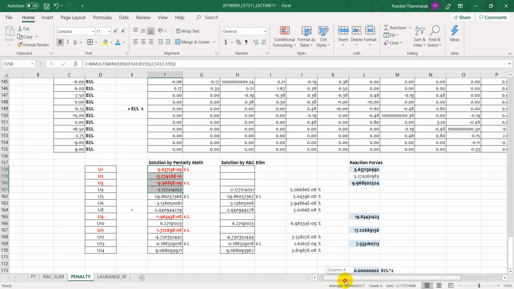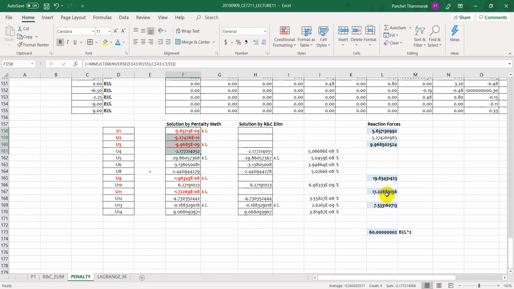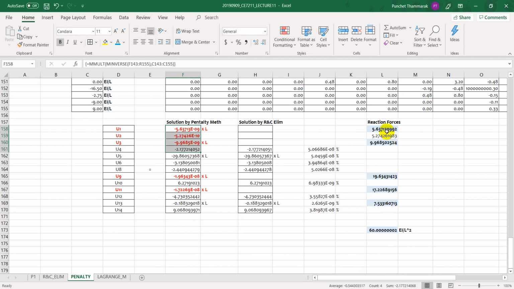What else do we have to concern? I think most of the things are identical, but okay, I taught you already how to come up with the reaction force at the penalty spring, right? So there will be nothing special over here.